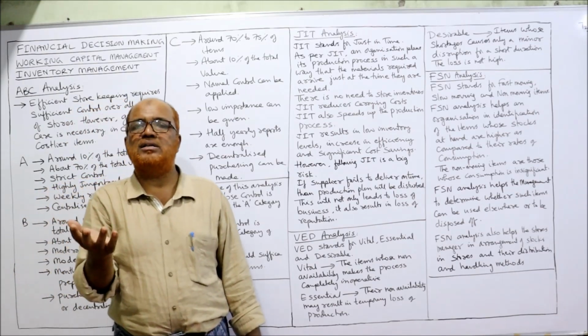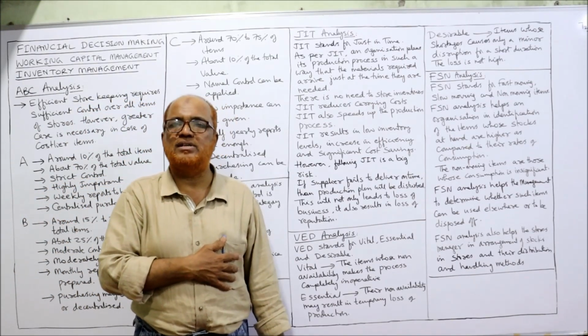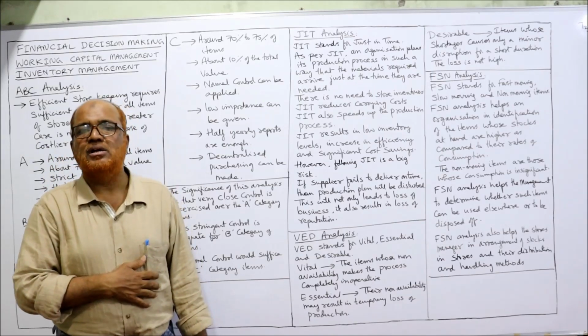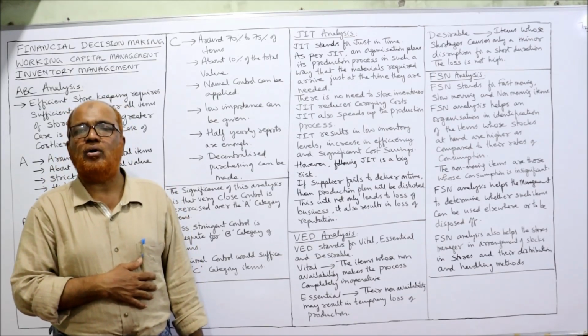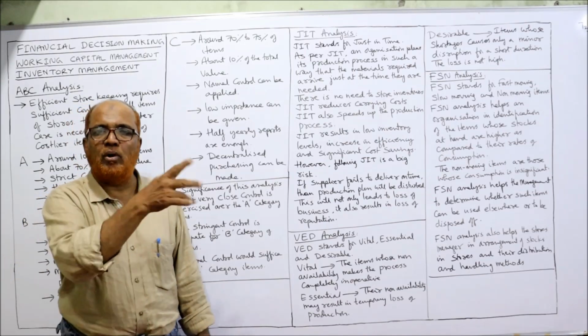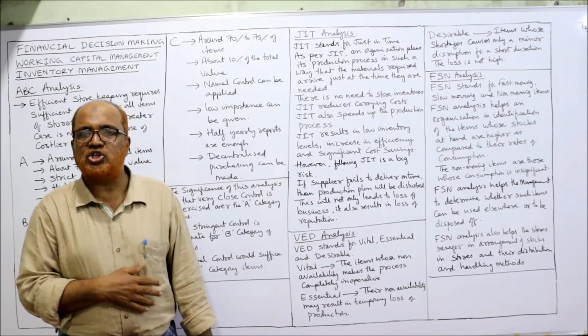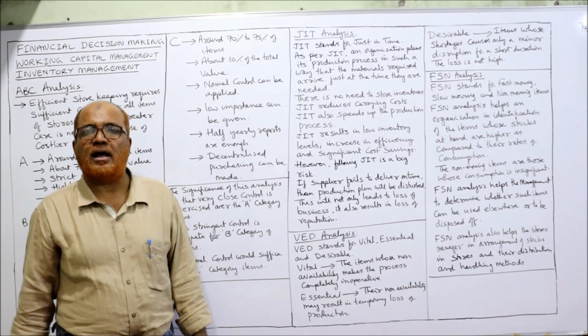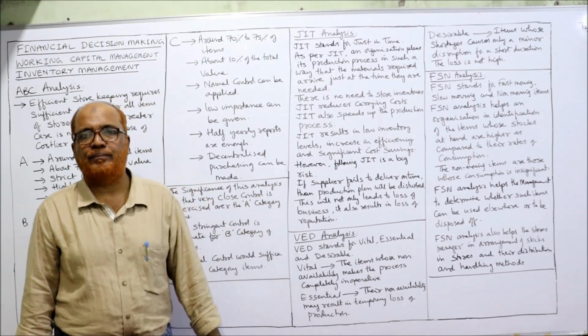So there are advantages as well as disadvantages of this JIT. The most important advantage is we do not require any carrying cost. No money is blocked. No deterioration. No pilferage. So no problems arise from carrying the inventory.